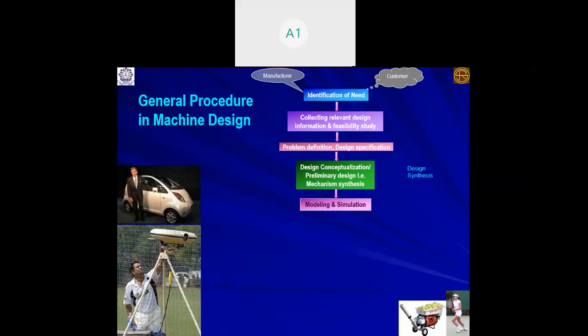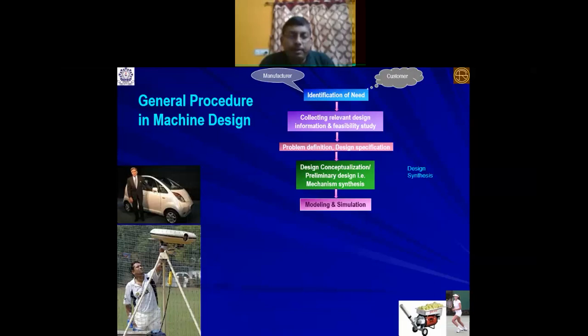So using computer programming to do this repetitive type of work, like kinematic modeling and simulation, kinetic modeling and simulation, writing the computer code, is basically known as computer-aided mechanism analysis. That is nothing more than computer-aided mechanism analysis.